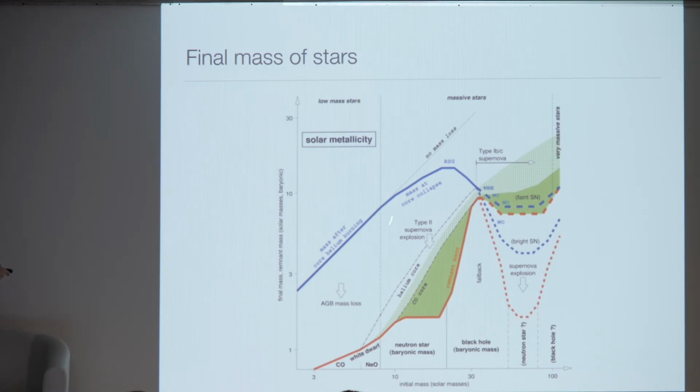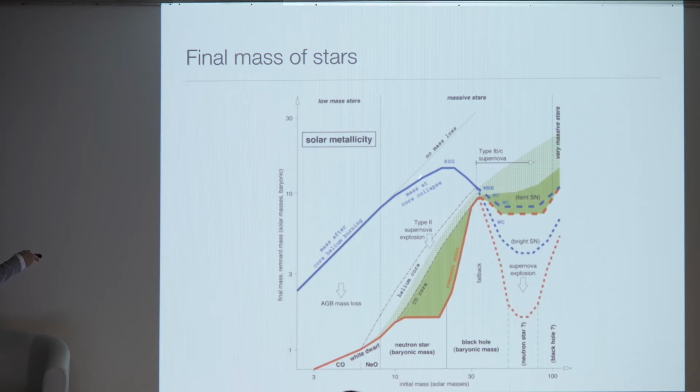But as the mass gets higher, up to, let's say, 10 solar masses, the initial mass and the final mass are not so different. There's not much mass loss taking place because of the lower luminosity.